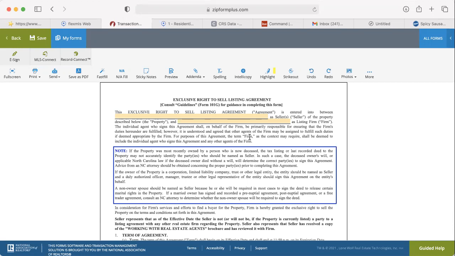We also have a form that's called exclusive right to sell vacant land or lot listing that you would use if you were selling a vacant lot. But the lot has to be platted. So in other words, it needs to be recorded at the courthouse as part of a subdivision or something like that.